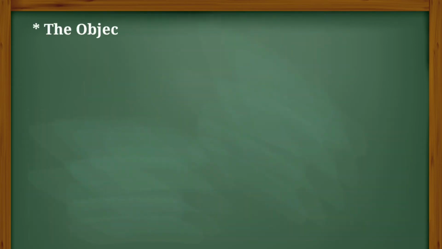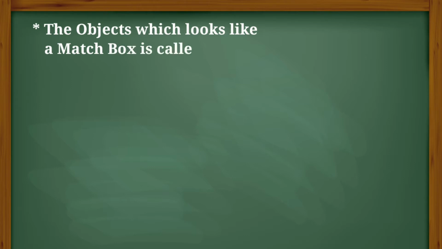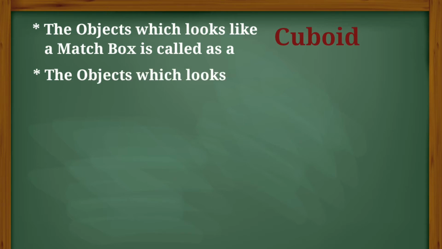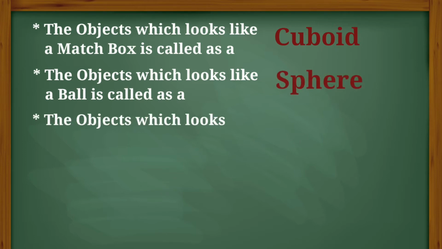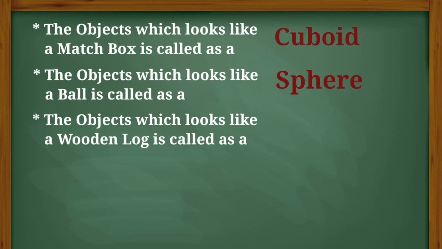Now, the objects which look like a matchbox, we call it a cuboid. The objects which are like a ball are called a sphere. The objects which look like a wooden log, we call a cylinder.